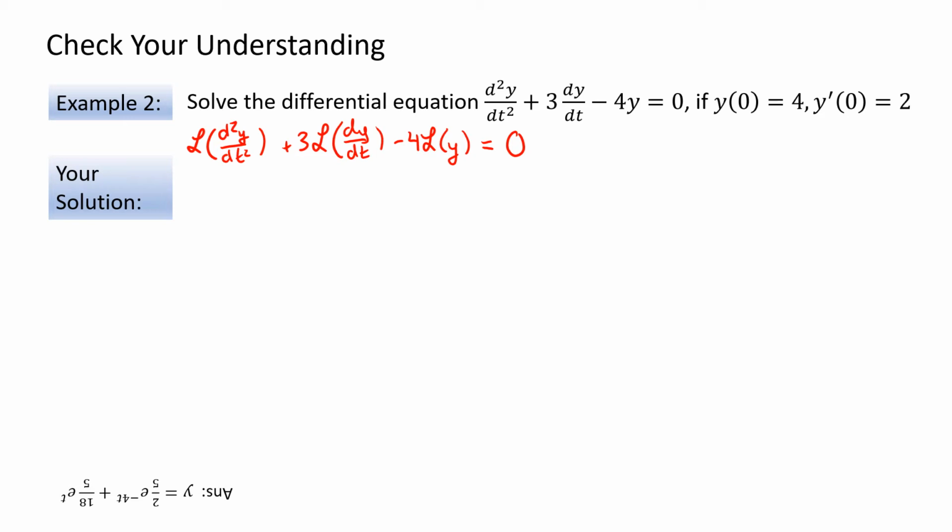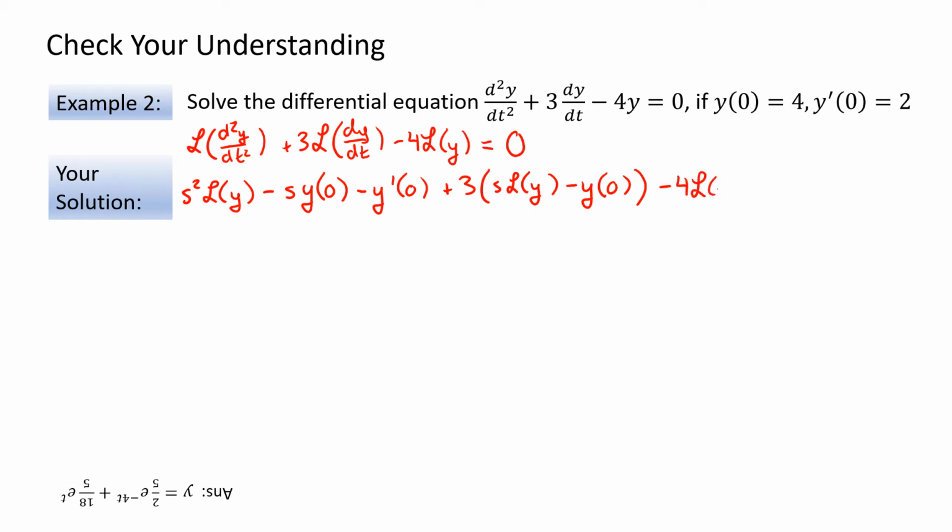For our first one, we get s squared times the Laplace transform of the initial function y, minus s times the original function y at 0, minus y prime at 0, or the first derivative of the function at 0, plus 3, remember, times the Laplace transform of the first derivative, which is s times the Laplace transform of y, minus y at 0, minus 4 times the Laplace transform of y, and it's all equal to 0.